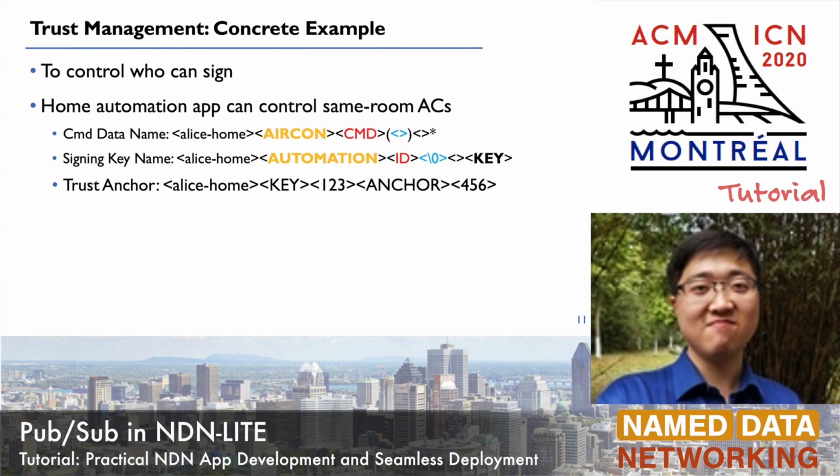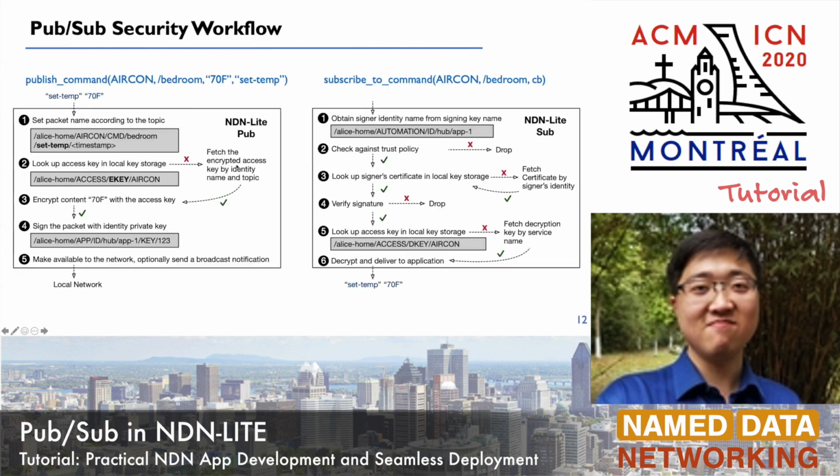Then you specify the trust anchor that this parser module will use, which means under which trust anchor I perform these rules. If we illustrate with a concrete example here, say you want to publish temperature data with the content payload 70 degrees in the bedroom. So you want to set the air conditioner temperature to 70 degrees.